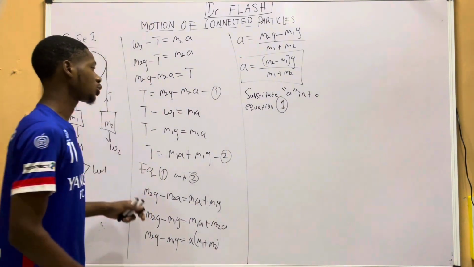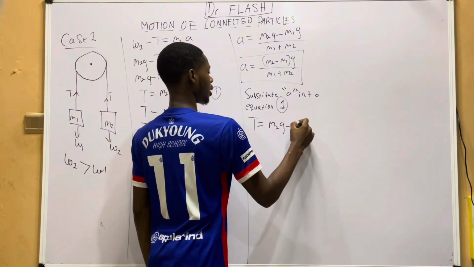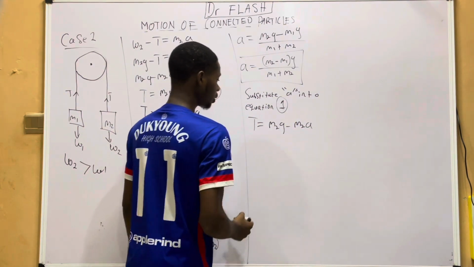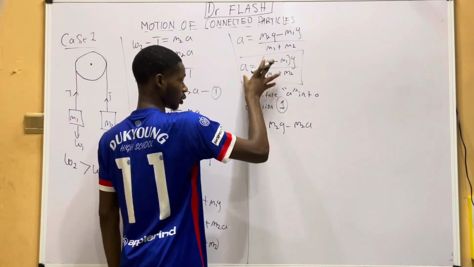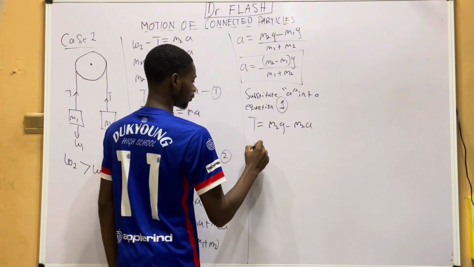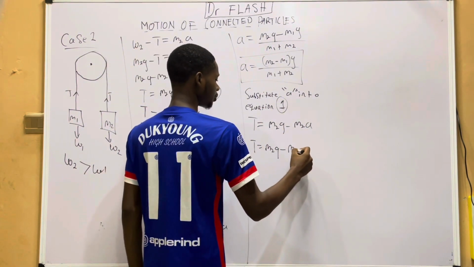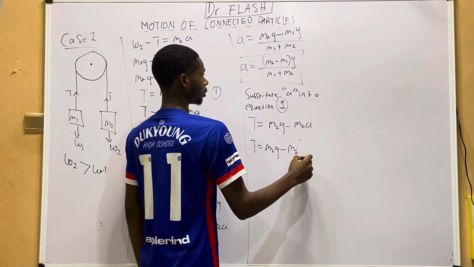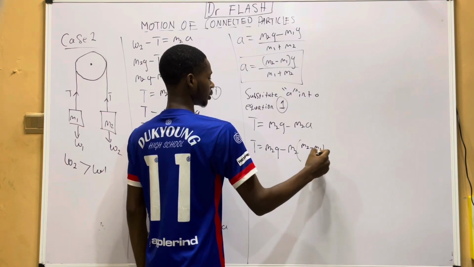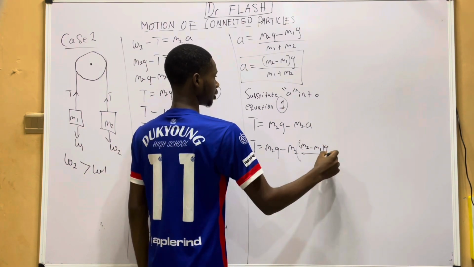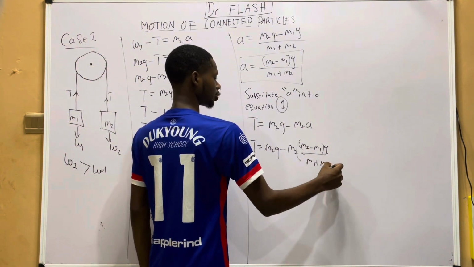Now, what's equation 1? Equation 1 remains T equals M2G minus M2A. That's what equation 1 is. And anywhere we see A, we're going to put this whole expression. So we're going to have T equals M2G minus M2, open bracket, what's A? That's M2 minus M1 times G divided by M1 plus M2.